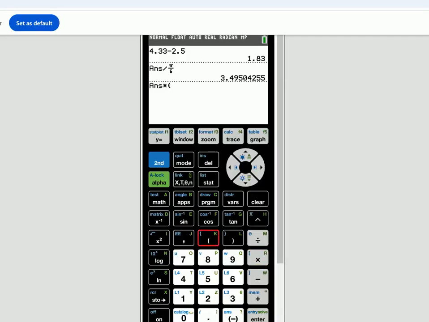So parentheses, and I'm just going to create a fraction here. Pi over 4 minus, and now pi over 6. Oops, I forgot to do the fraction. Pi over 6. All right, let's close up that parentheses there.